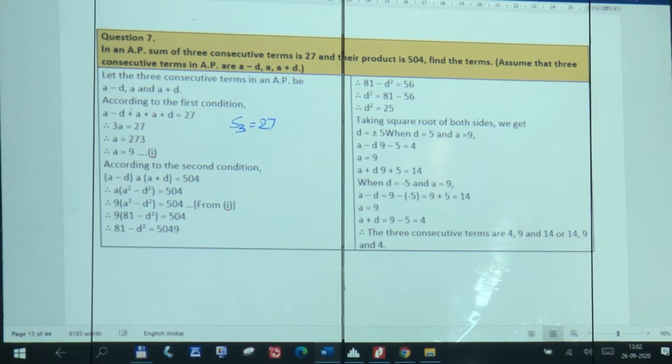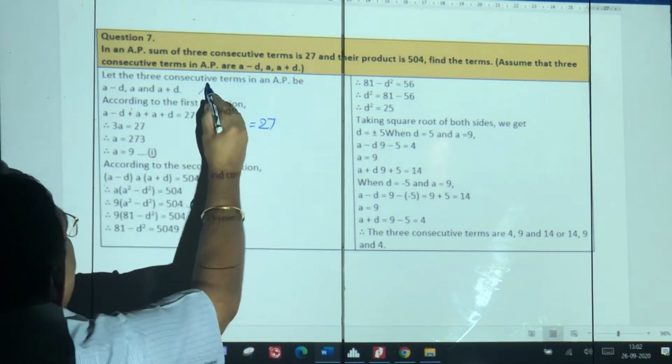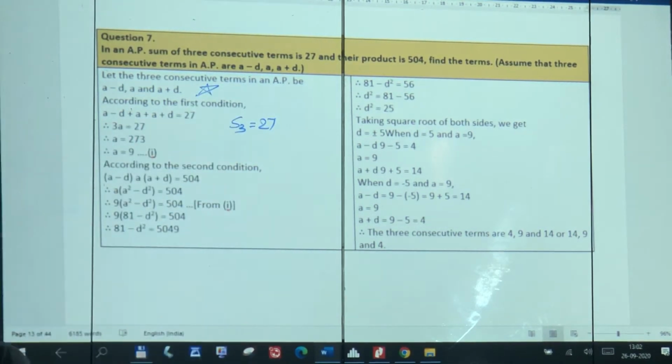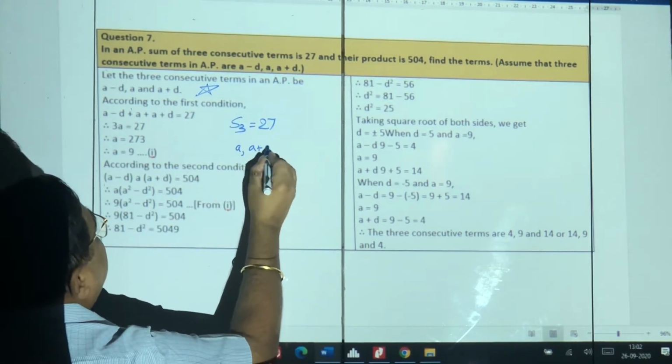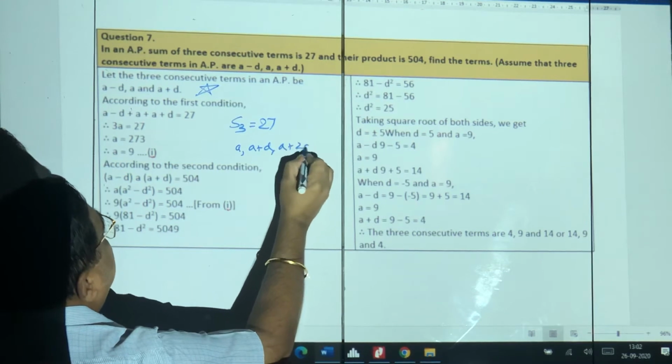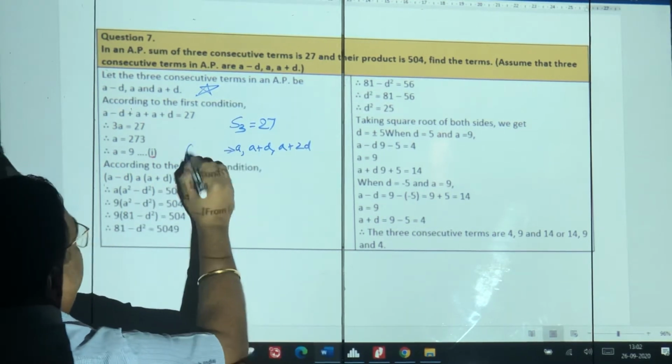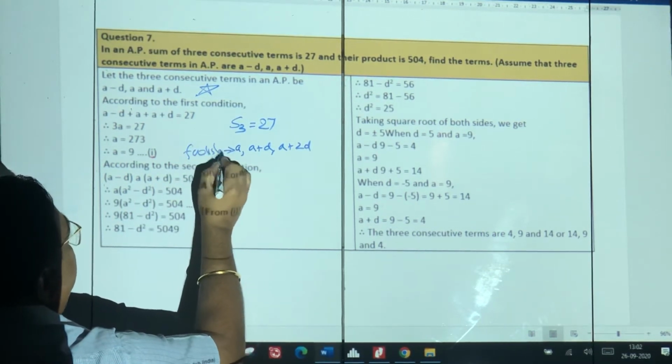How do I adjust the product? So first look at this. Let the terms be not like a plus d, a plus 2d. This is foolish. Why? You will not do it.